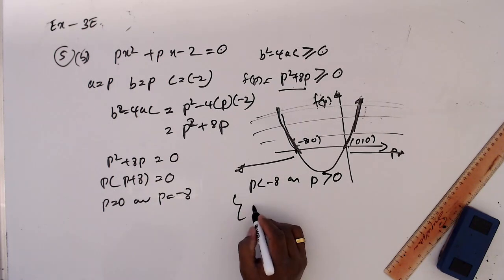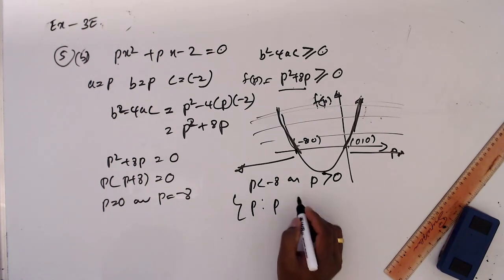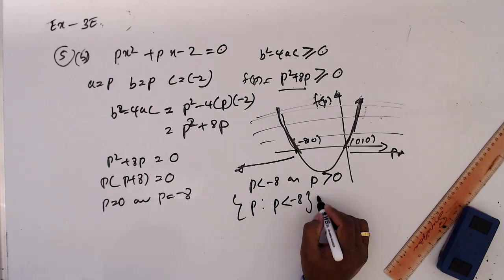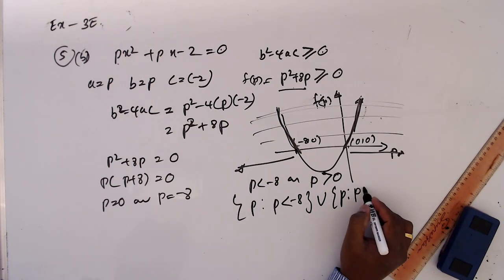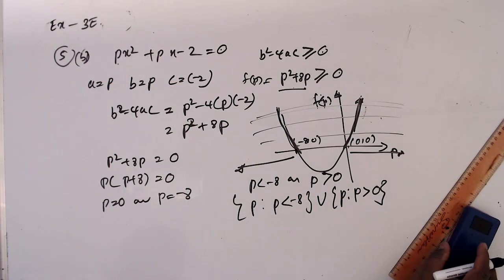So then p such that p less than minus 8, union p such that p greater than 0.